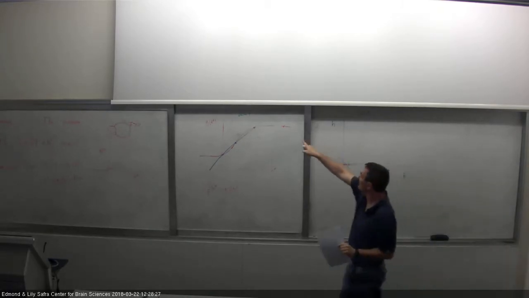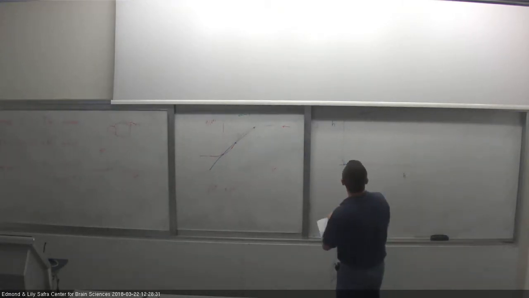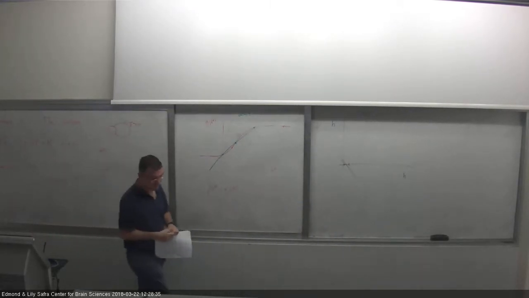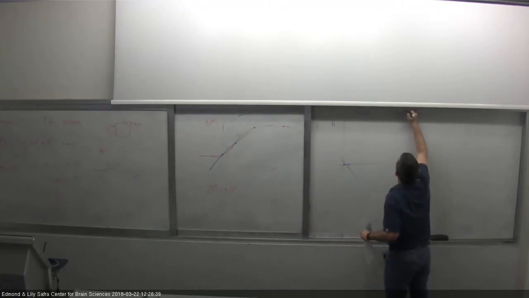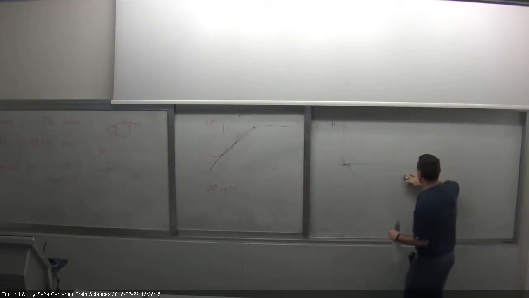What about the case in which j is very large? In this case, the fixed point is here. So the value h dot is equal to 0 at this point.